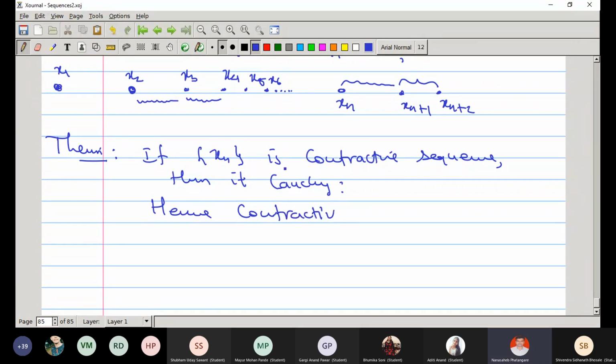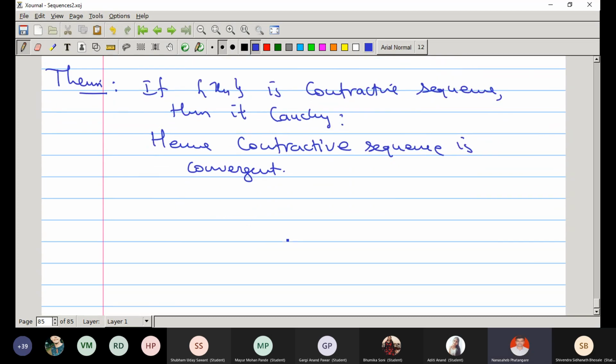So if sequence xn is contractive, it is Cauchy, and once it is Cauchy, it is convergent.